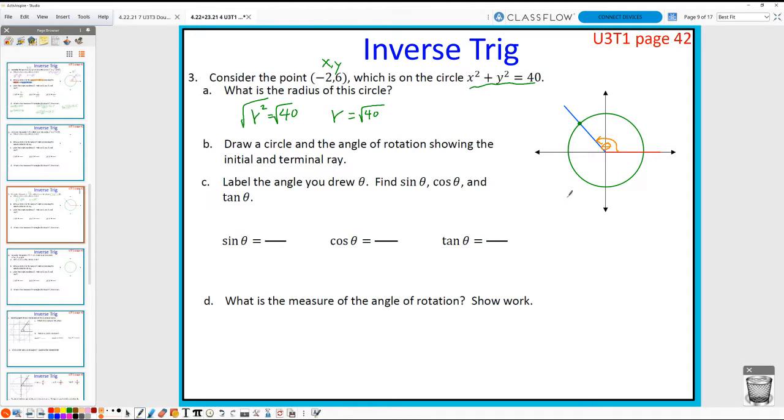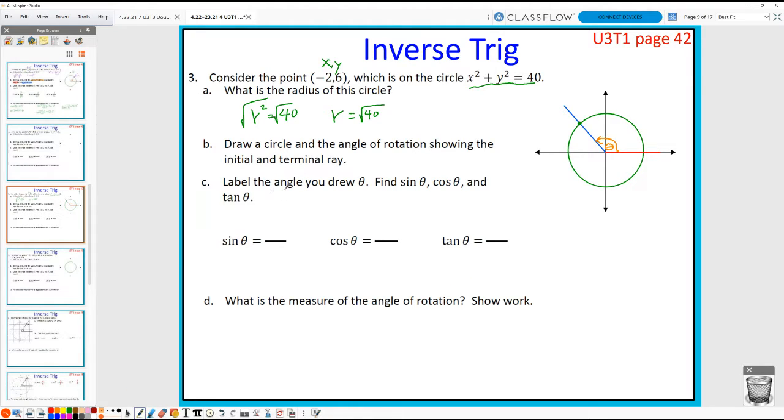This is the angle that I'm going to want. Now, for those of you that know what inverse sine, inverse cosine, inverse tangent mean, you might be thinking, okay, how's this going to work? But we'll get there in just one second, okay?